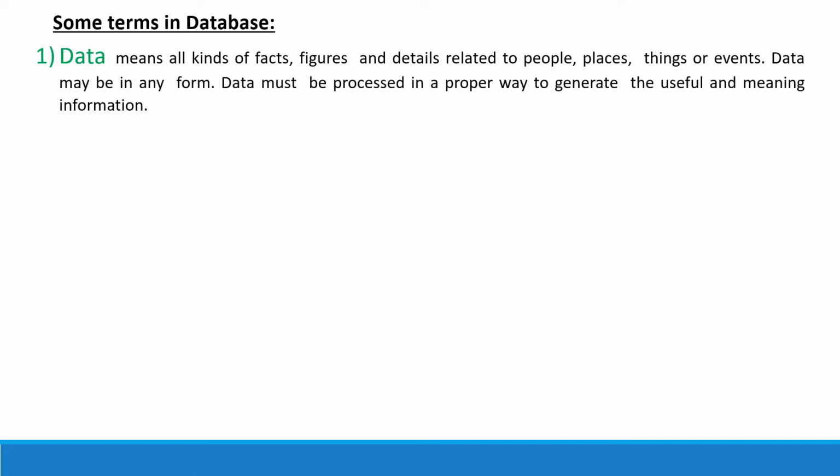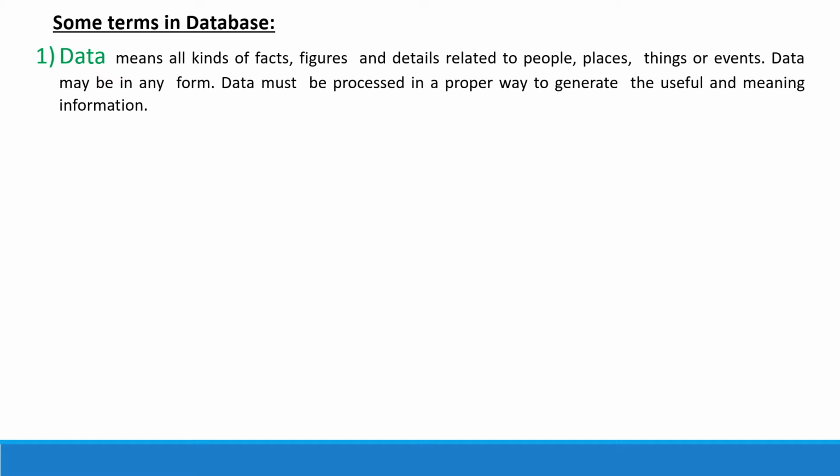Okay, let's see certain terms in this chapter. The database has certain terms, and the first term is data. Data means all kinds of facts and figures. We have seen the data concept last year. It is also called raw material, and the details related to people, places, things and events. Data may be in any form.